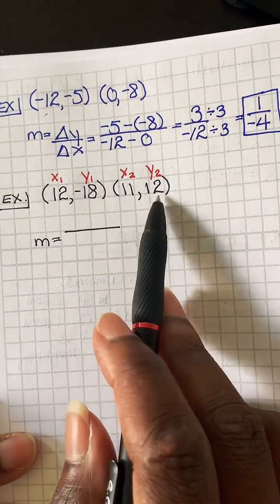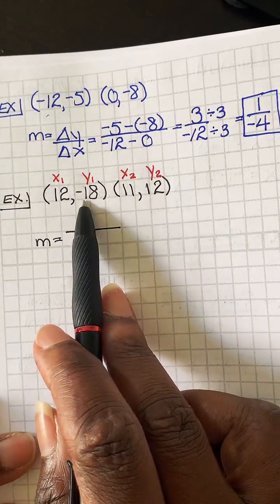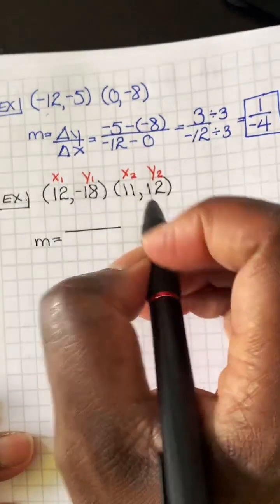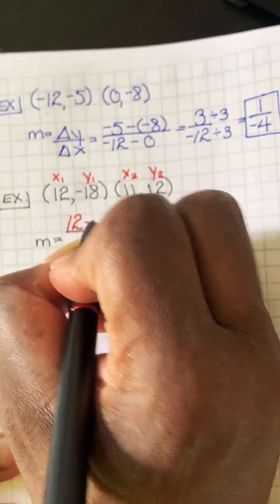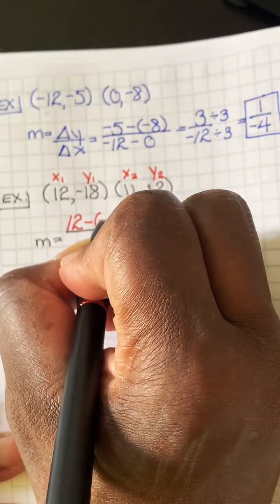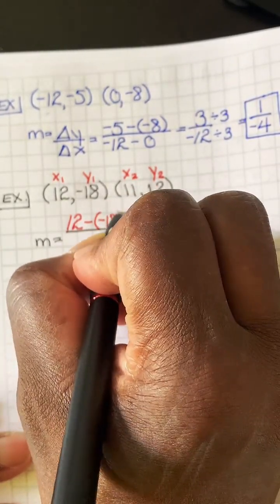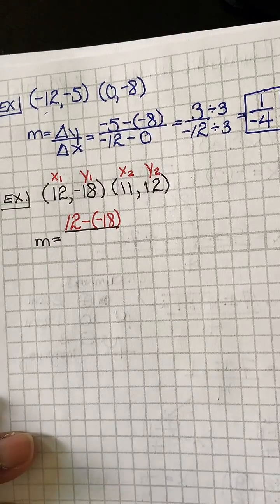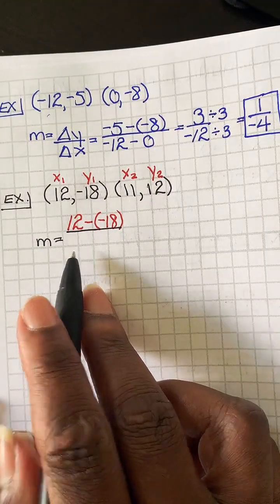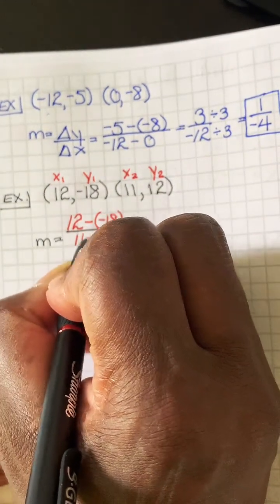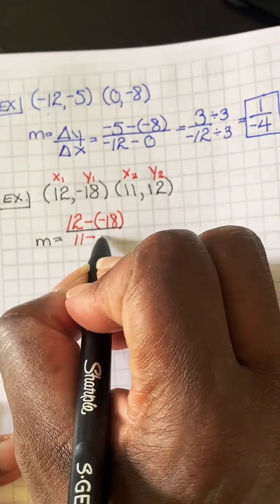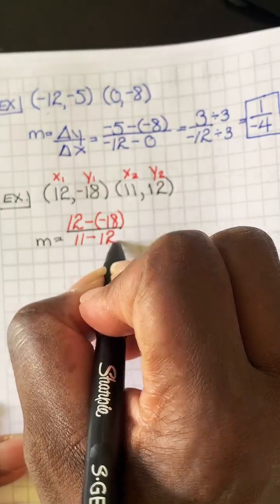So if we do the y2 minus y1, y2 is 12 minus my y1, which is a negative 18. And we're putting it over my x's. So my x2 is 11 minus my x1, which is 12.